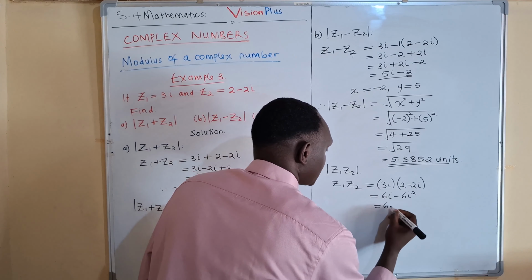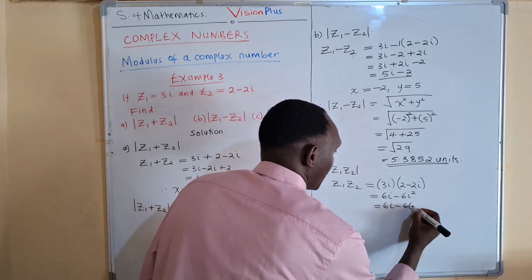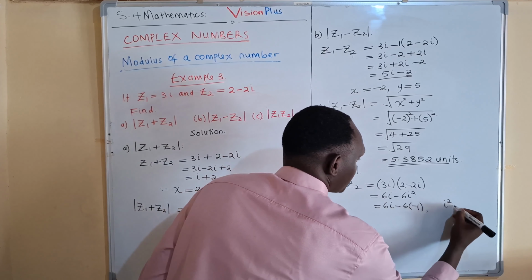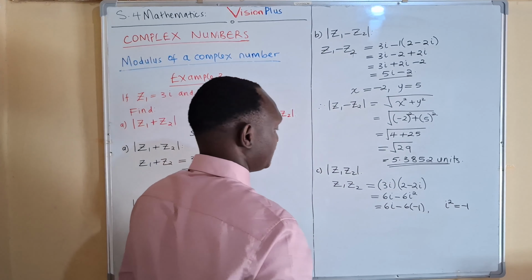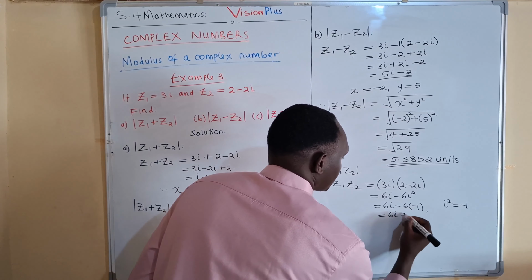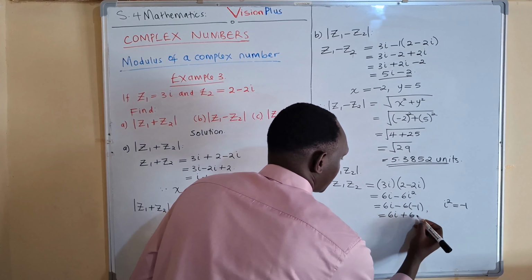This gives us here 6i minus 6. But what is i squared? i squared is negative 1. This is a fundamental concept under complex numbers. We substitute for i squared as negative 1. Now this gives us here 6i plus negative 6 times negative 1, which is positive 6.